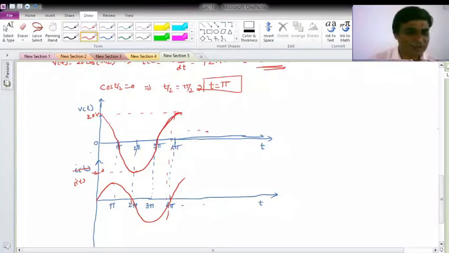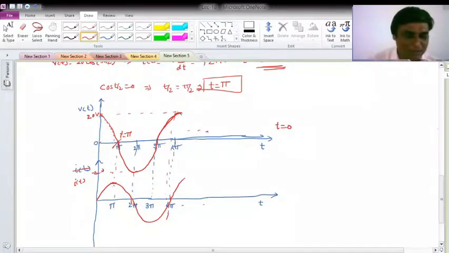Okay, so what we can observe here at t is equal to 0, capacitor is fully charged, okay, and current is fully discharged. Okay, so when capacitor voltage is decreasing, and going to 0 at t is equal to pi, what is happening? The inductor current is increasing, and at maximum when the capacitor voltage is 0, it means the capacitor has spent the energy completely and the inductor is charged and has gained the full energy.